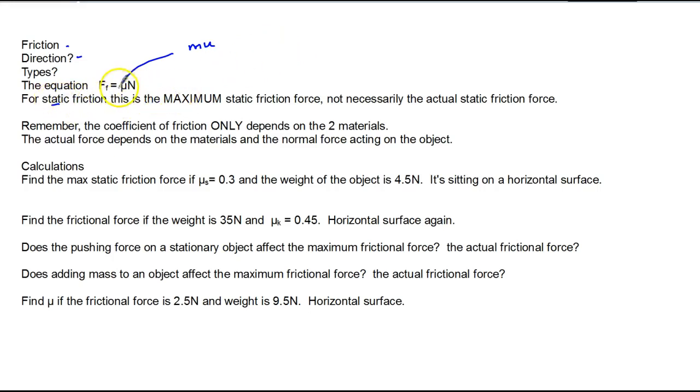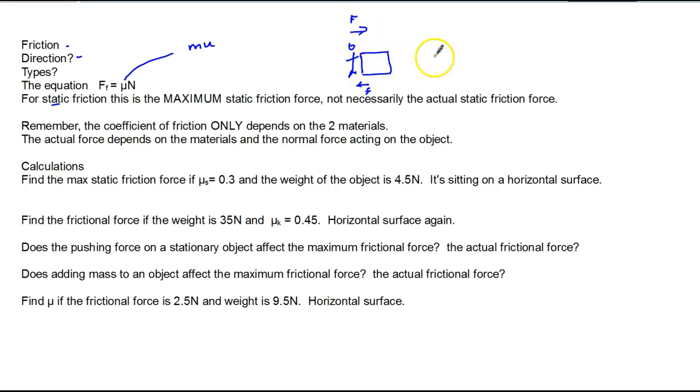For static friction, this equation is the maximum frictional force. So if I had a big heavy box and I'm trying to push it with a force in this direction, if I start with a little tiny force, that box isn't going anywhere. The box is just going to sit there, and that's because the frictional force is as big as the force that I'm pushing.